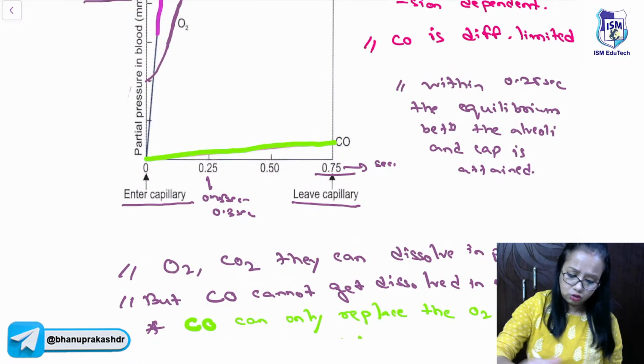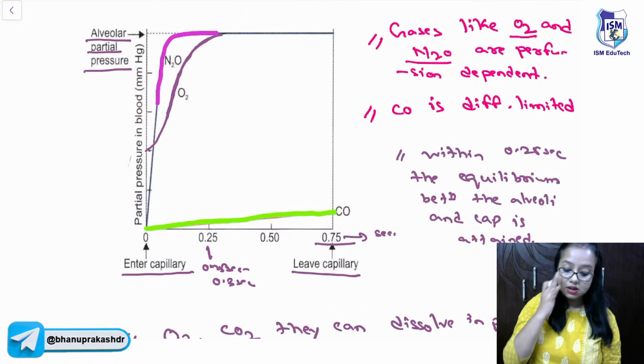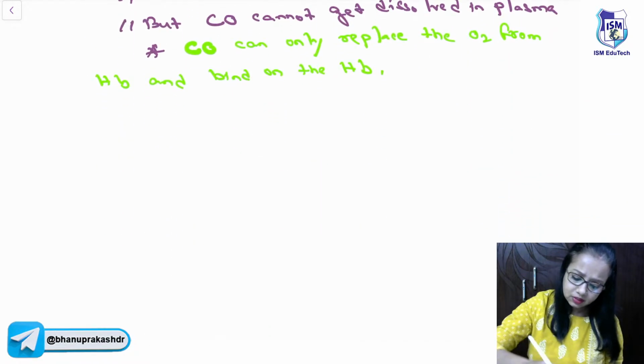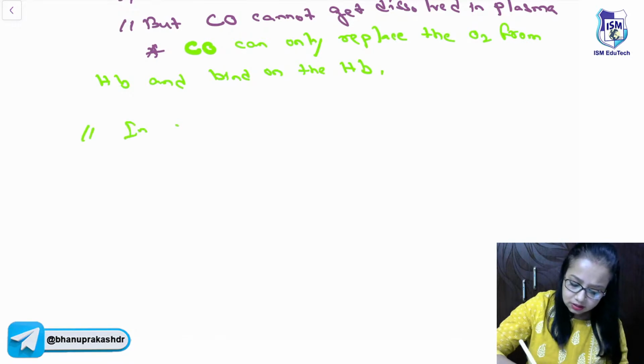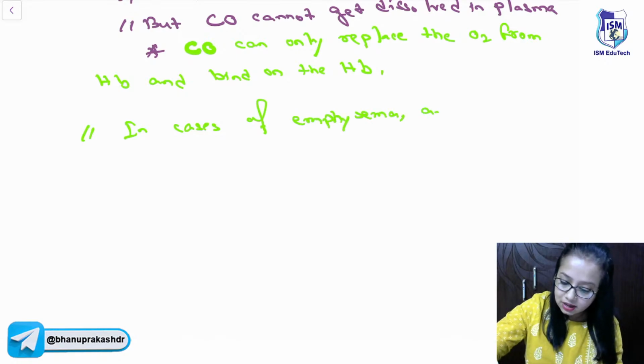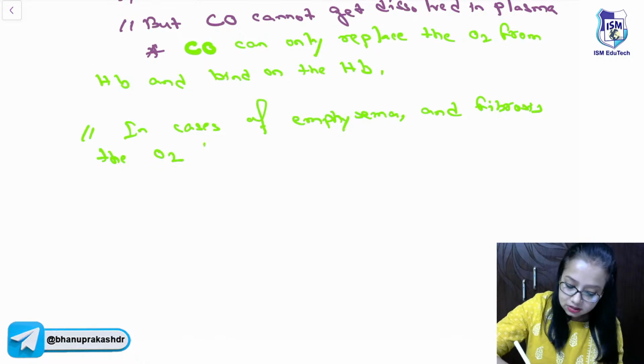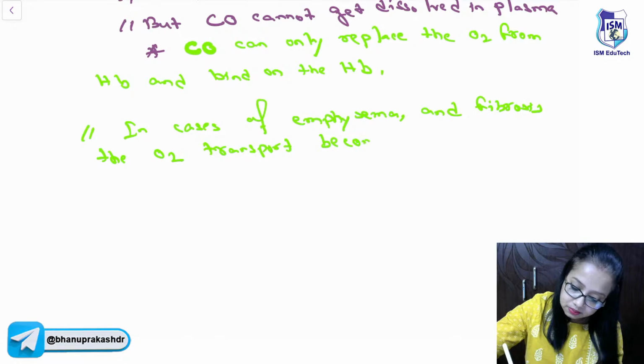Now, in normal condition, we have seen that oxygen is limited by perfusion. But in cases of emphysema and fibrosis, the oxygen transport becomes diffusion limited.